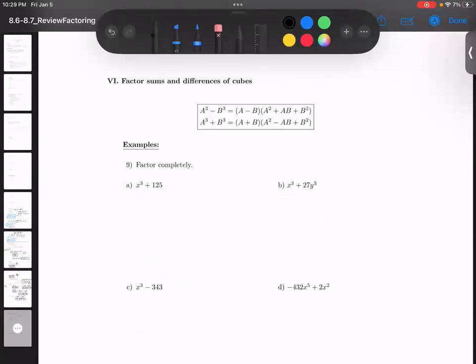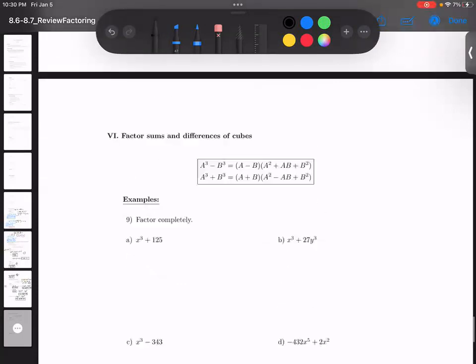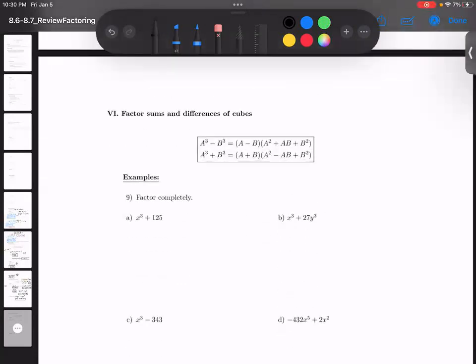Factor sum and difference of two cubes. The cubes. Okay, the cubes. I have a cube minus b cube is equal to a binomial, because there are two terms, times a trinomial, because it's three terms, right?